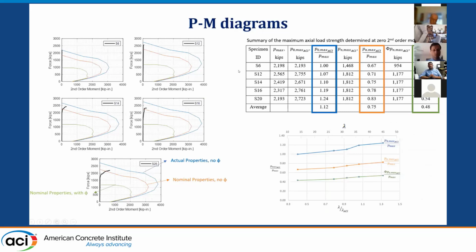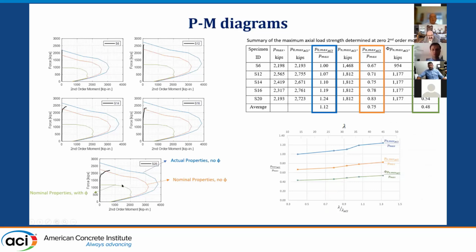So we did the PM diagrams. Again, we measured the lateral displacements, as I mentioned, and we were able to calculate the secondary moments based on this. We wanted to see how our actual behavior, taking into account the second order moment from what we recorded or observed in the lab, would fit into the PM diagrams.